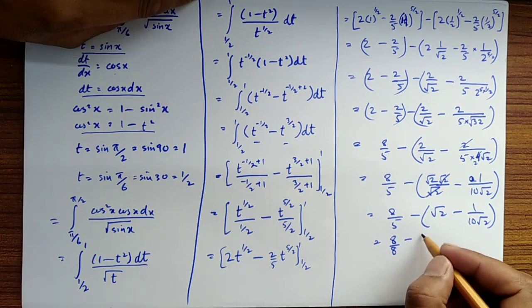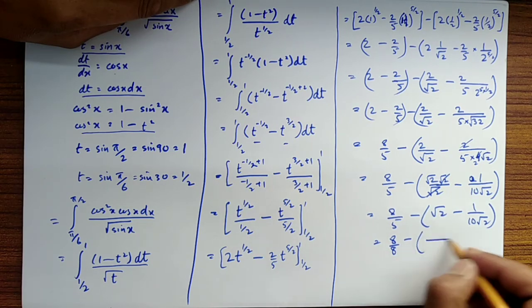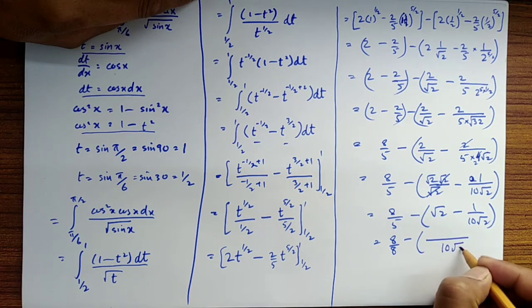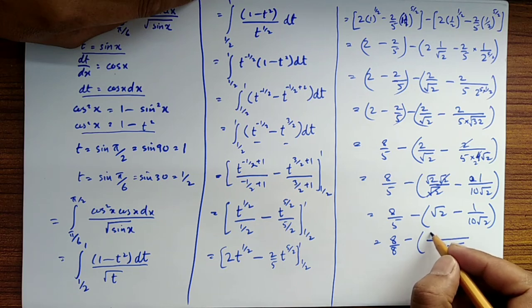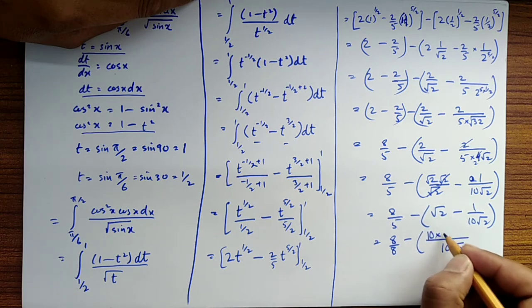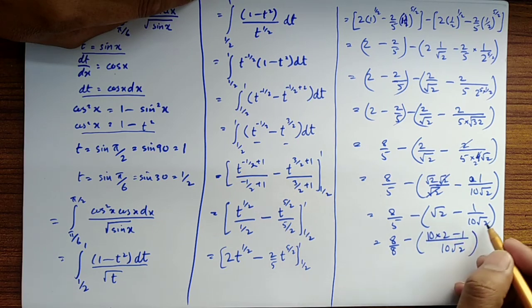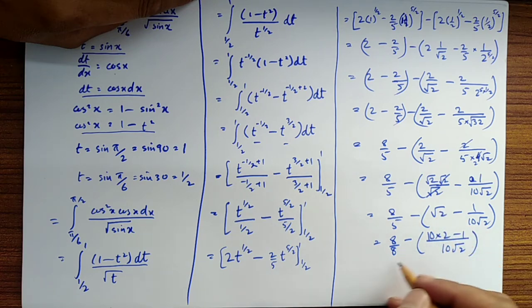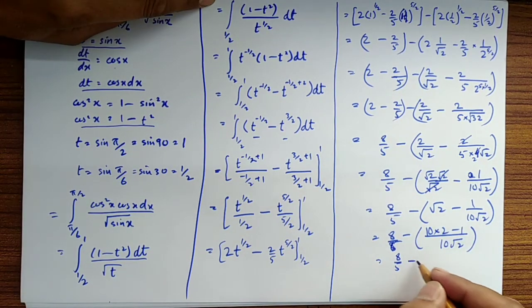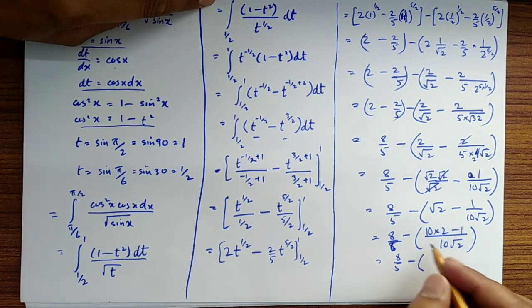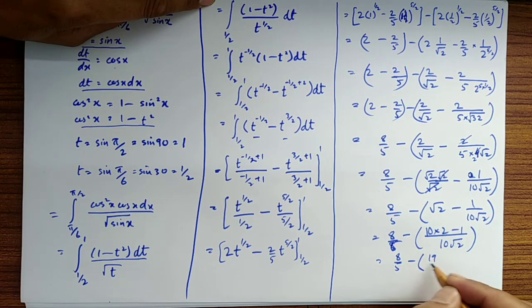This gives us LCM 10 under root 2. When you multiply 10 into 2 minus 1, so under root 2 becomes 2. 8 upon 5 minus, that gives 20 minus 1, 19 upon 10 under root 2.